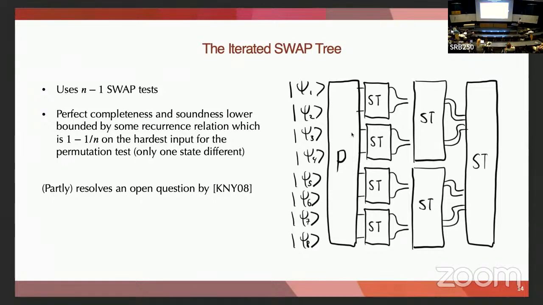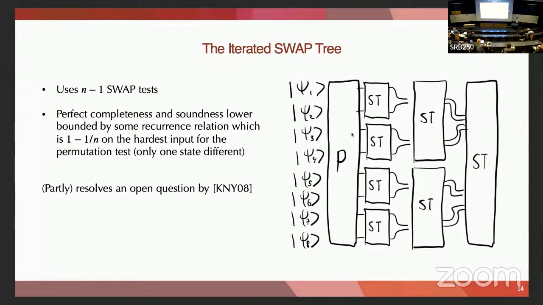What we were able to achieve so far is to lower bound this by some complicated recurrence relation, which achieves the scaling 1 over n on the hardest input. So in some sense, the performance of this test is the same as the permutation test in the worst case.